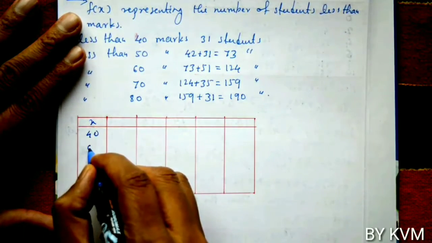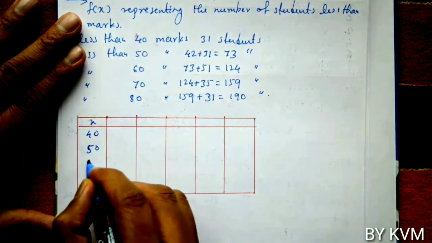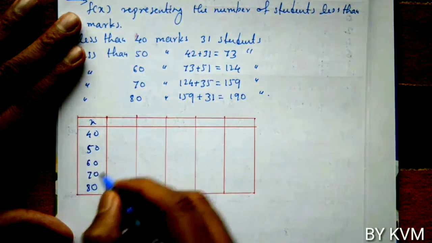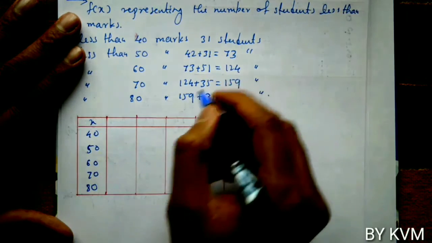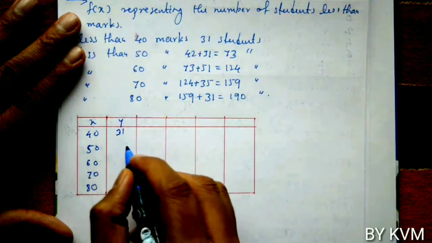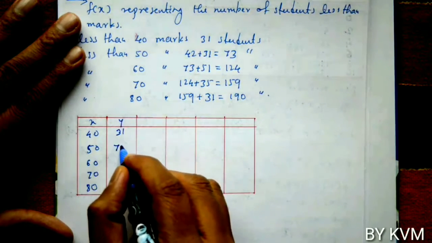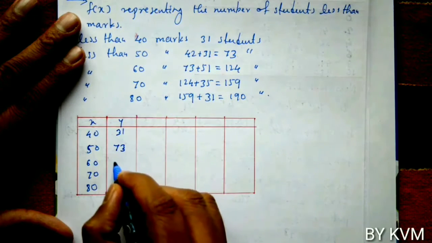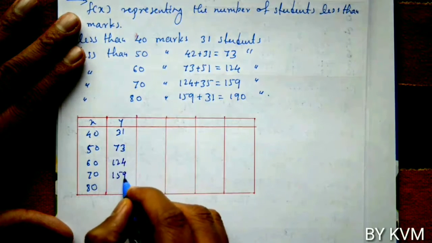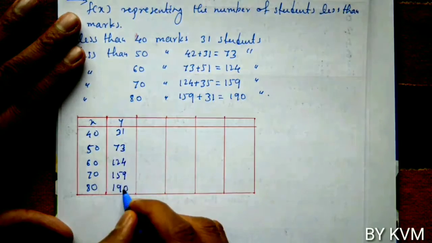X represents the marks and y represents the number of students. So x is 40, 50, 60, 70, 80, and y, the number of students, is 31, then 73, 124, 159, and 190.